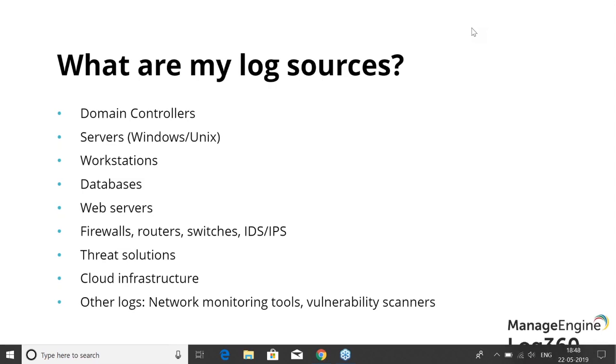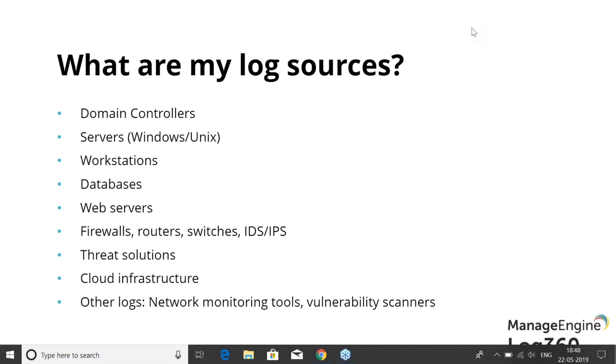All of your end users may have workstations, you have databases, web servers, and other business critical applications. You have your network devices, which could be firewalls, routers, switches, IDS, IPS. Some of you might have some next-gen firewalls, built-in IDS, IPS, and things like that.